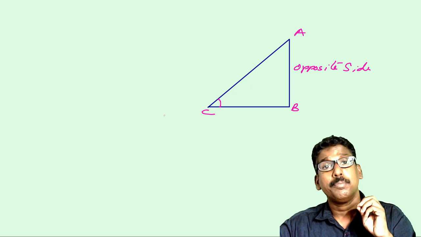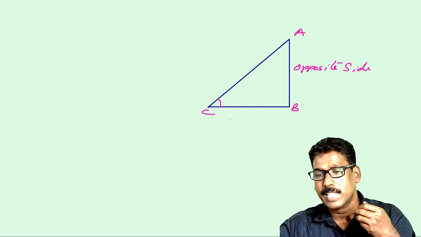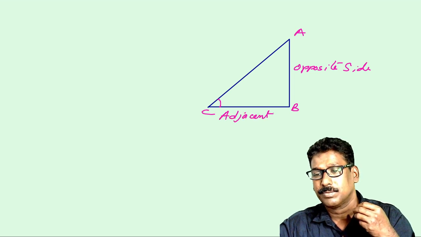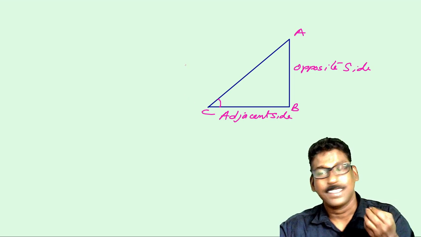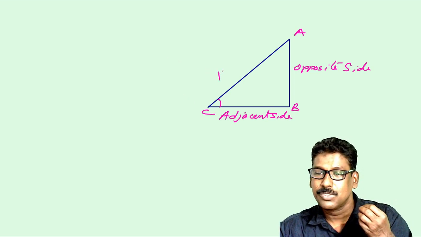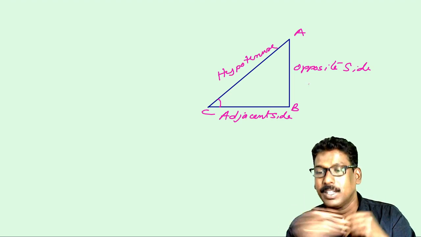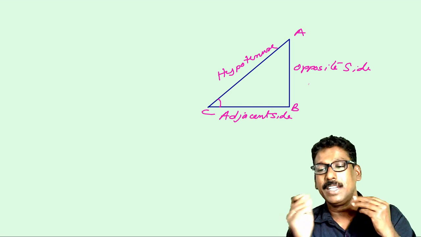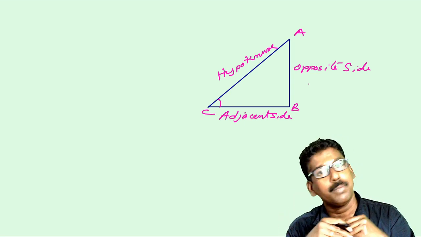Then what about BC? It is adjacent to angle C. So we can call this side the adjacent side. Of course, what is AC? AC is the hypotenuse. According to angle C, AB is the opposite side, BC is the adjacent side, and AC is the hypotenuse.